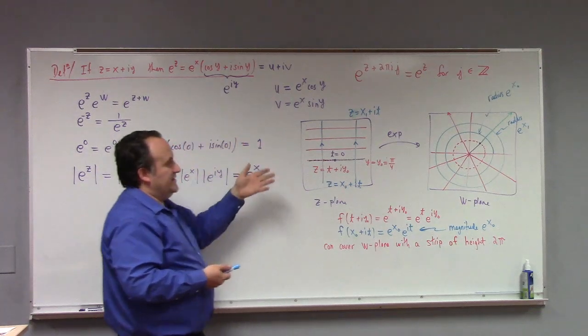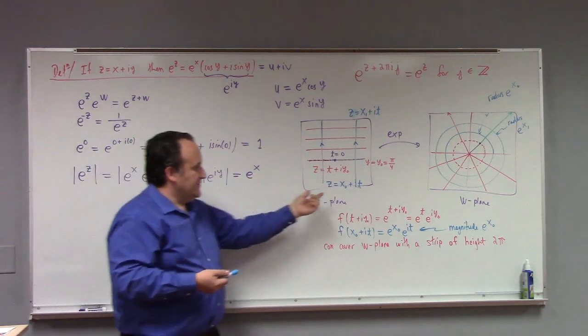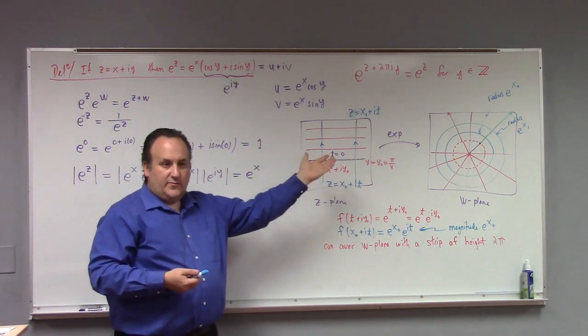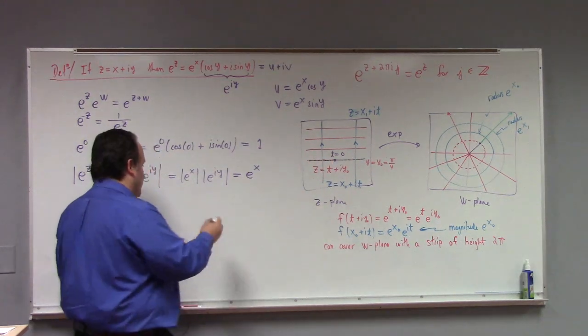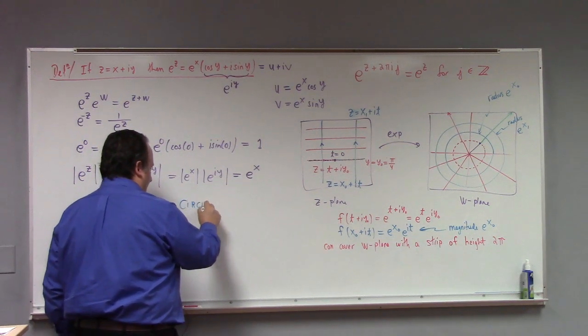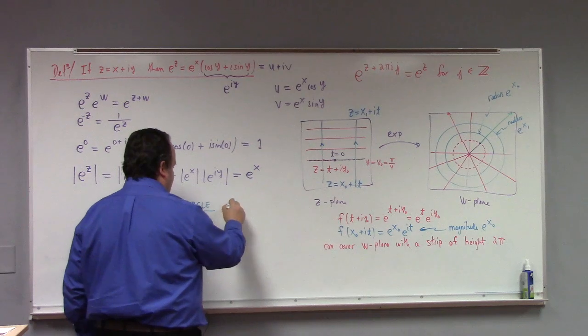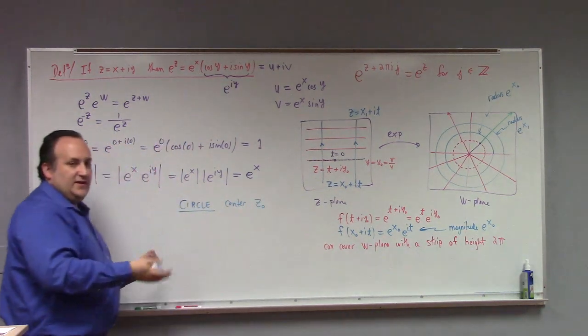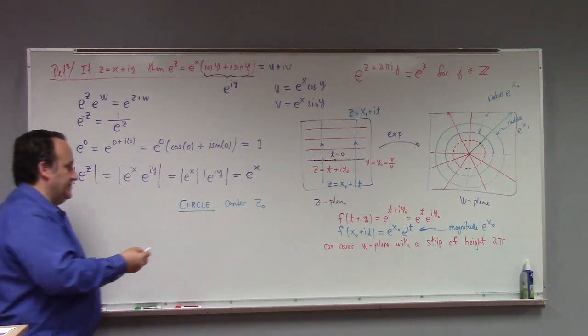The other nice thing about this example is I've now told you how to parameterize horizontal and vertical lines in the complex plane. It's very simple. How do you parameterize a circle in the complex plane? So if you want a circle, say center z naught, what's the equation of a circle in the complex plane?